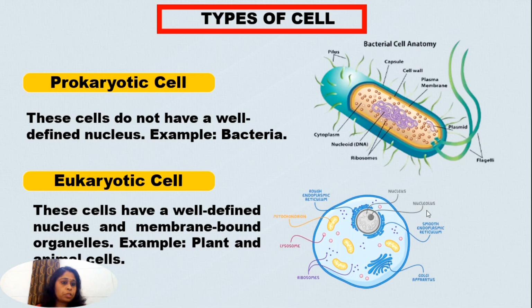It is completely opposite of the prokaryotic cell. Eukaryotic cells have a well-defined nucleus and membrane-bound organelles like mitochondria, lysosomes and Golgi apparatus. So eukaryotic cells have organelles and a well-defined nucleus, like plant and animal cells.